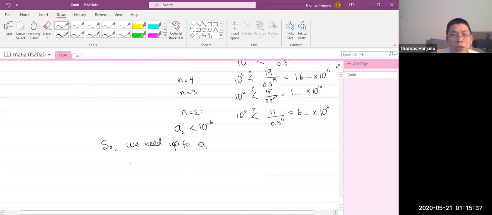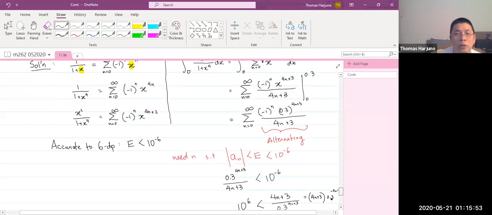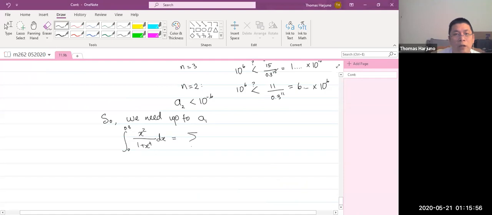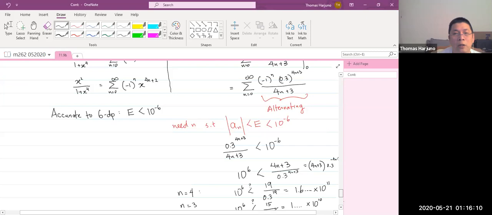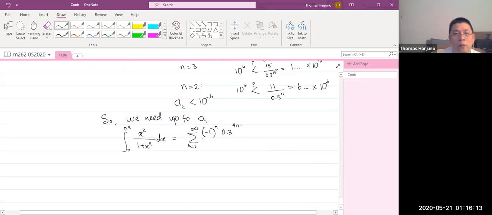So the integral from 0 to 0.3 of x squared over 1 plus x to the 4 dx equals the series from n equals 0 to infinity of (-1)^n 0.3 to the 4n+3 over 4n+3.